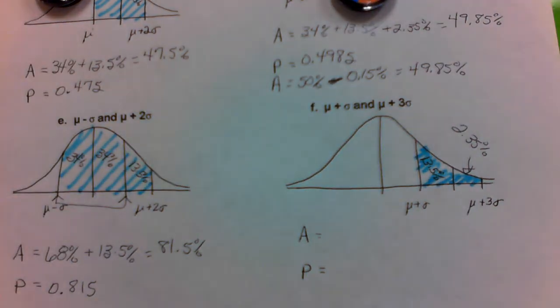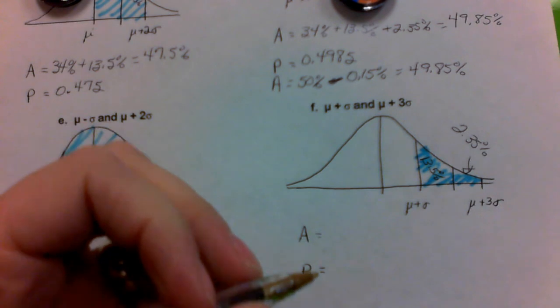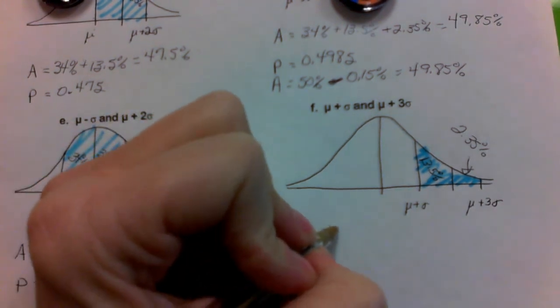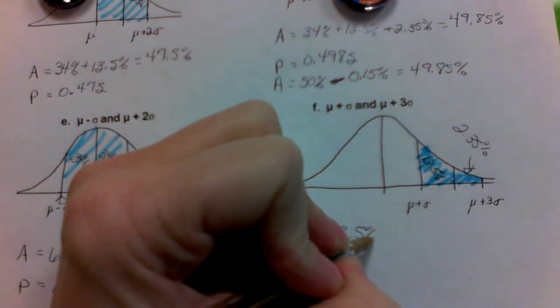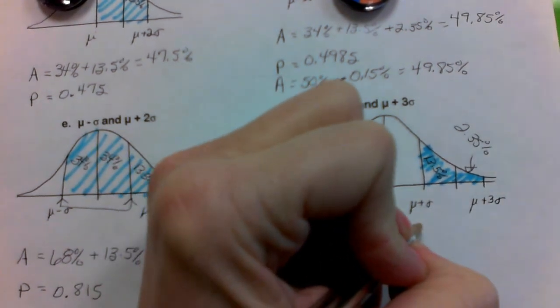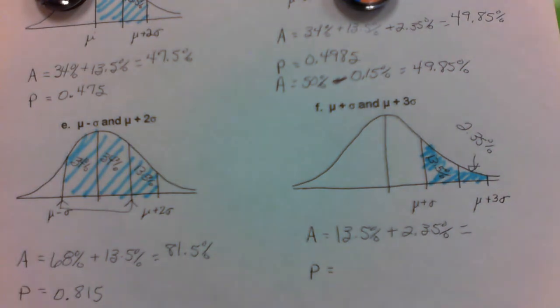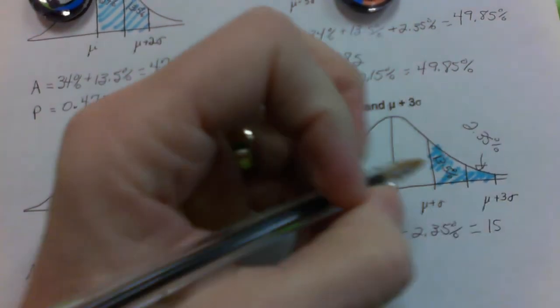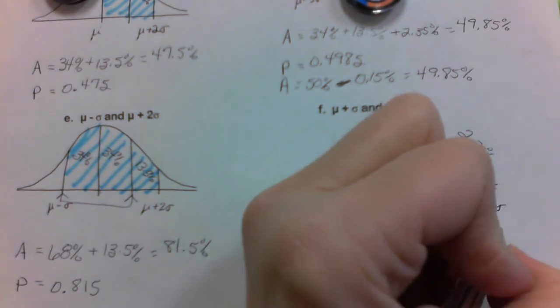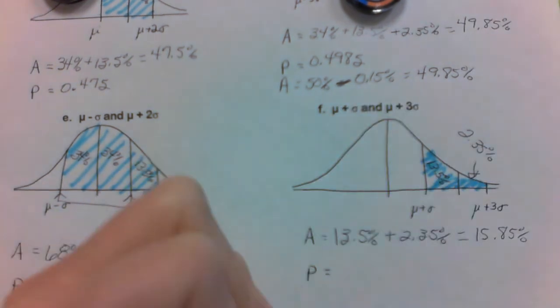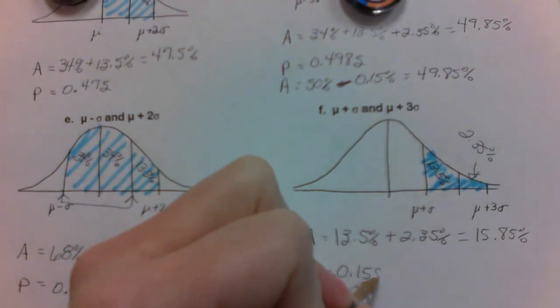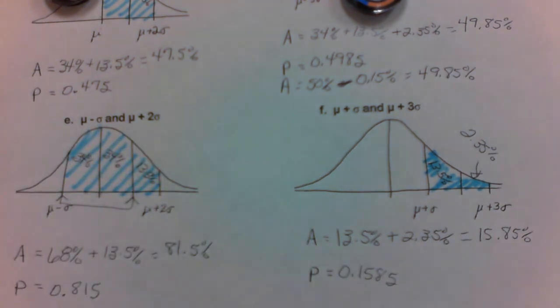So when you add those together, 13.5% plus 2.35%, you get 15.85%, or 0.1585. All right, so that's just some general bell curves, how to find the probability of those.